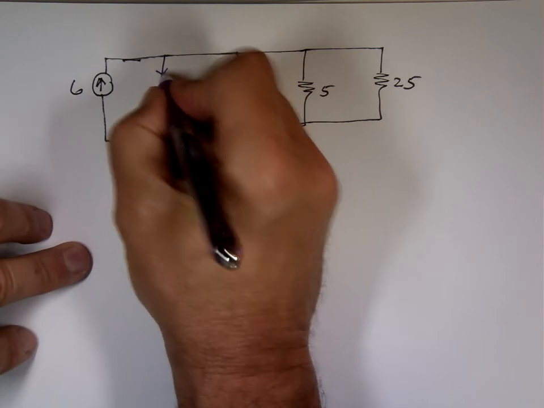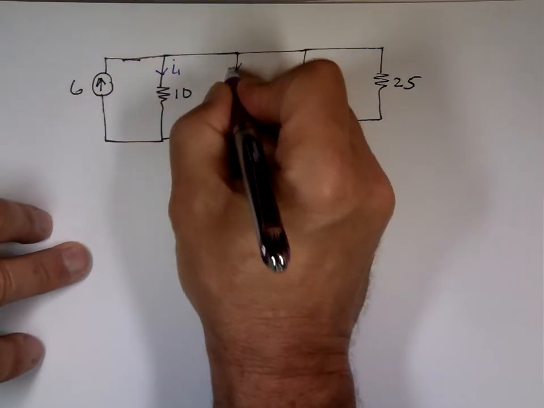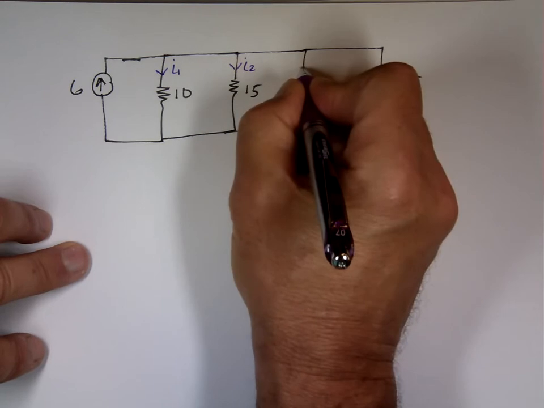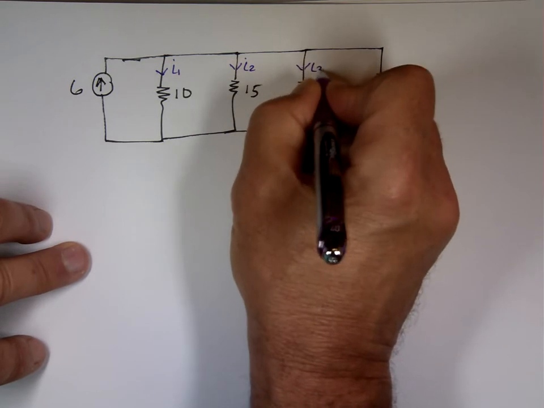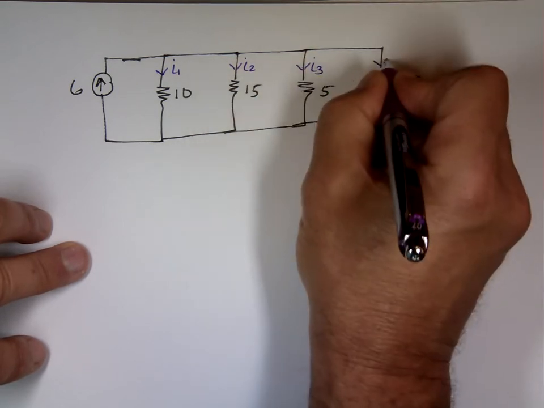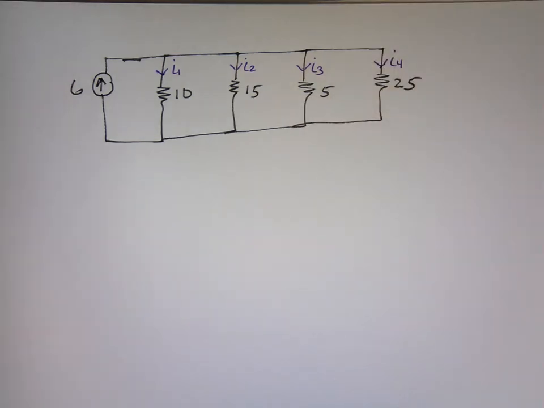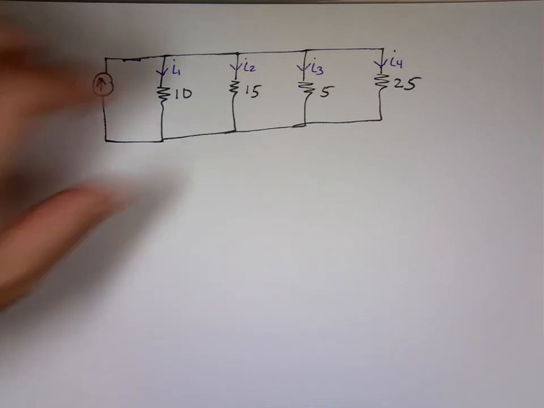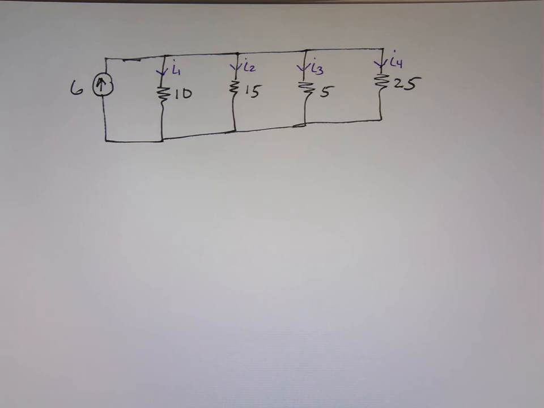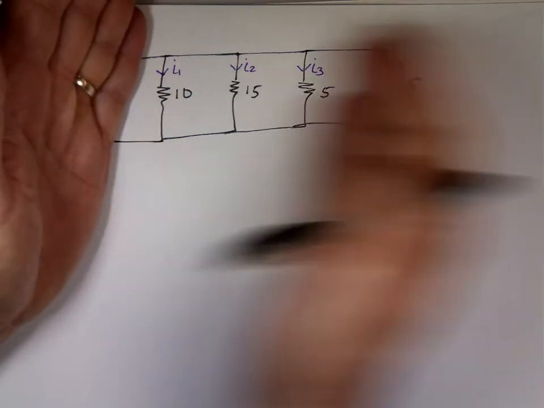I1, I2, I3, I4. And I don't want to do it the other way. I mean, I can find the equivalent for them and do it that way. Find the equivalent of these resistors, which is one resistor.